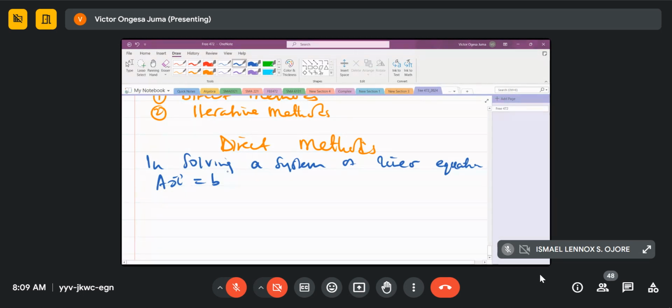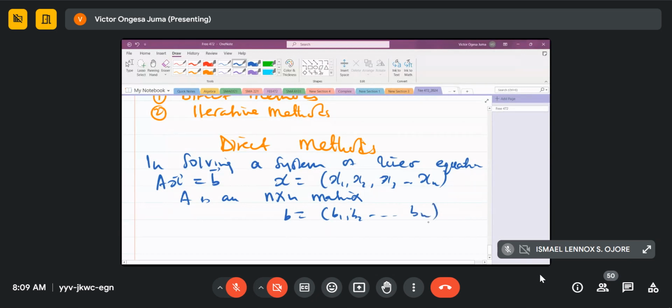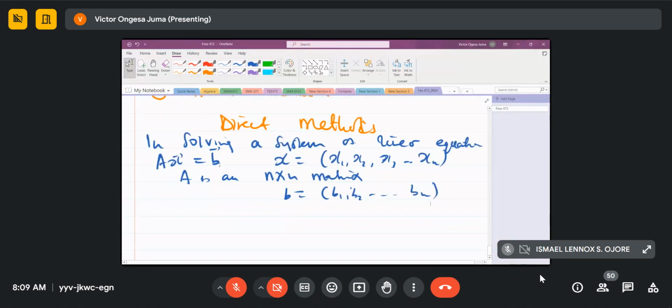So you have Ax = b, where b is the vector of constants, A is the matrix of coefficients, and x are the unknowns. Here x is a vector of x1, x2, x3 until xn, and A is an n by n matrix, so it's square. And b is also b1, b2 until bn, a vector. So that's a system of linear equations.